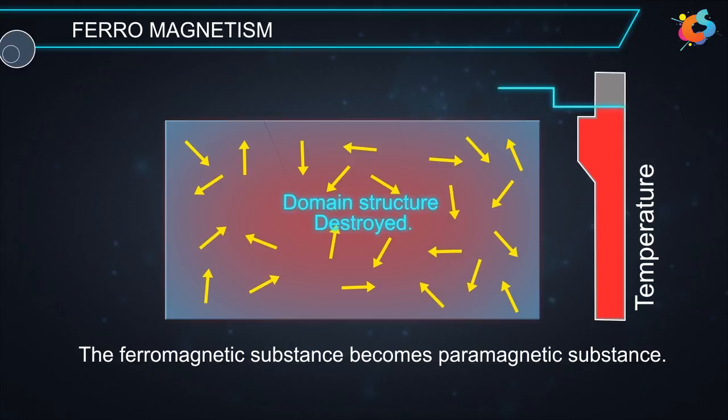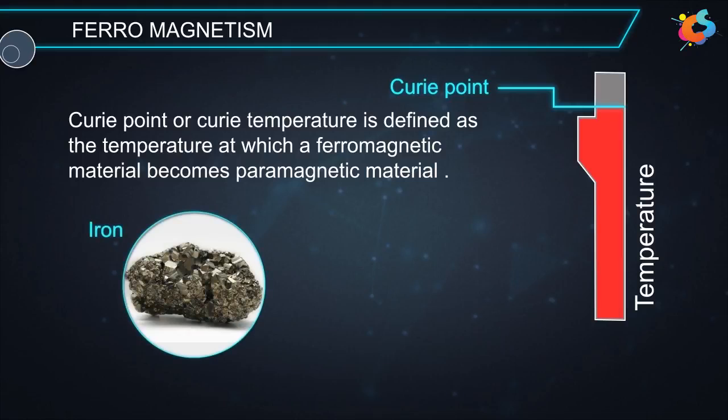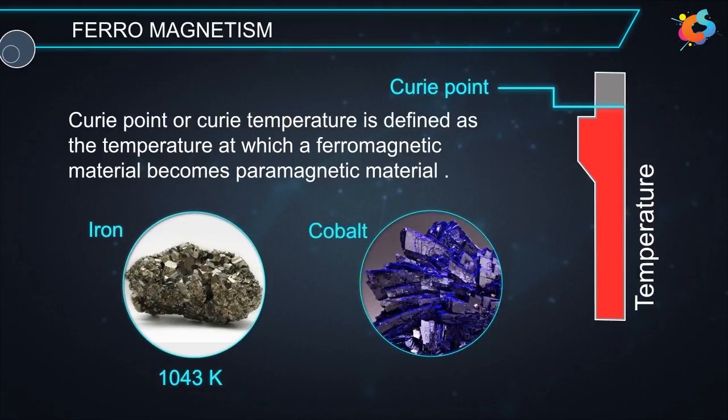This particular point is called the Curie point. Curie point or Curie temperature is defined as the temperature at which a ferromagnetic material becomes a paramagnetic material. The Curie temperature of iron is 1043 Kelvin and for cobalt it is 1394 Kelvin.